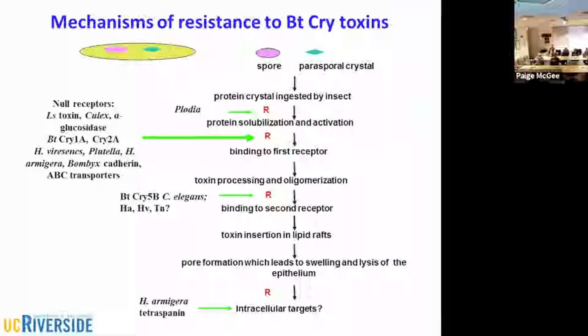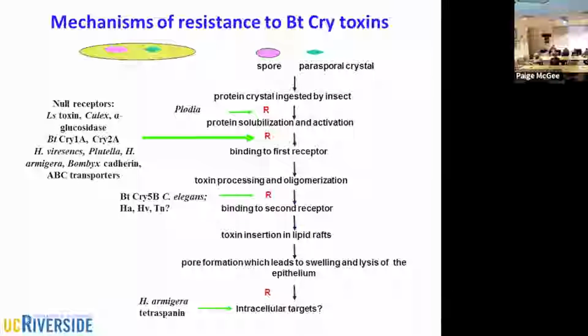Okay. So I'm just going to give you a brief outline of the general mechanism of action of Cry toxins. If you start from the top, you get spores and crystals, and these are ingested by the insect. Crystals generally get solubilized, and they get activated.